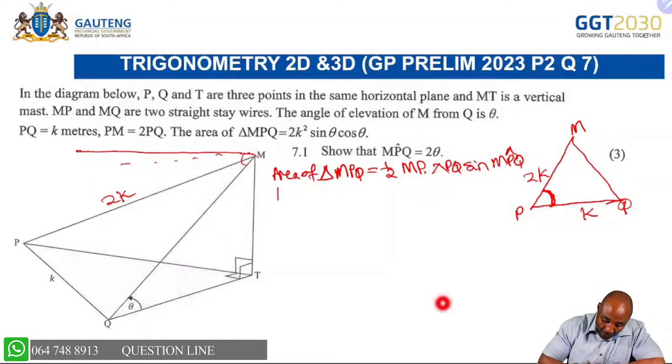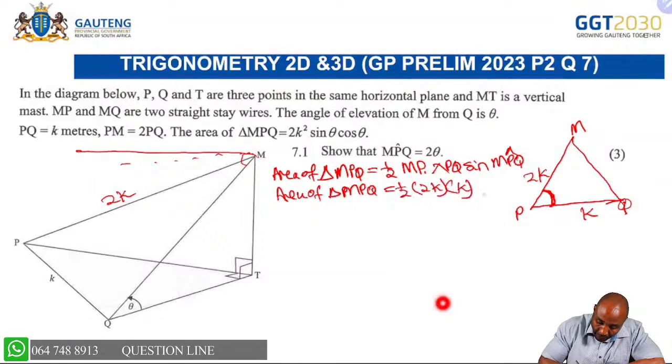I will substitute: area of triangle MPQ is equal to half, MP is going to be 2K, PQ is going to be K, sine MPQ there.